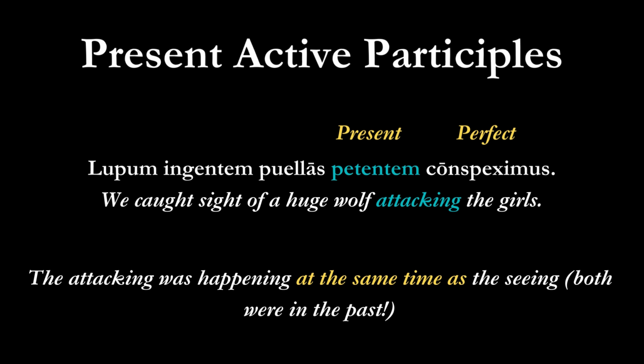All we're saying is the attacking was happening at the same time as the seeing. Both of them are actually in the past. So in the past, when I saw this, conspeximus, the wolf was attacking in that present moment, if that makes sense. So that's the idea of a present participle. I think it's sometimes easier to describe as being a same time participle. It'll help you understand it a little better.